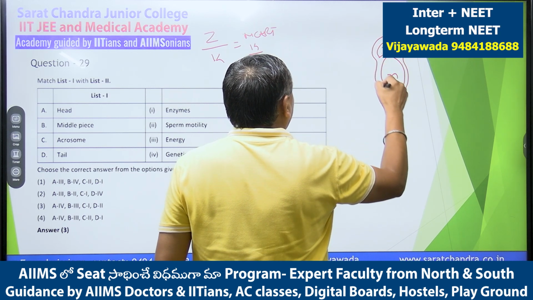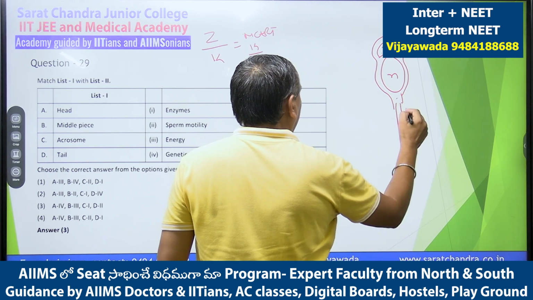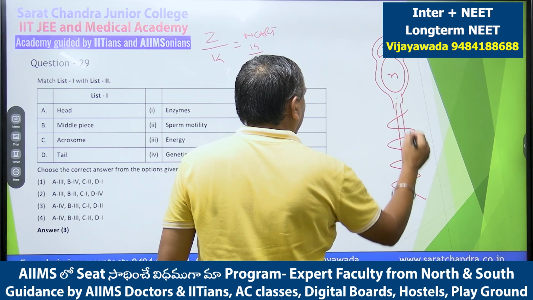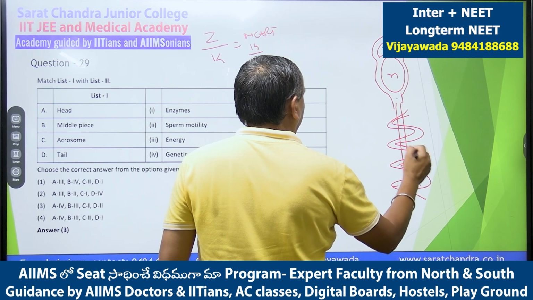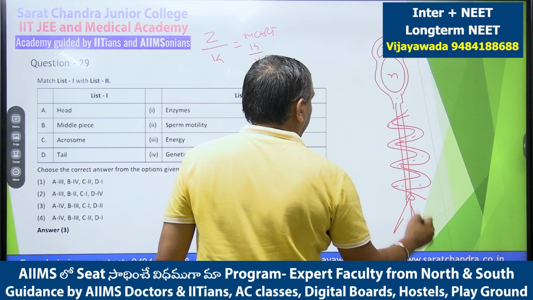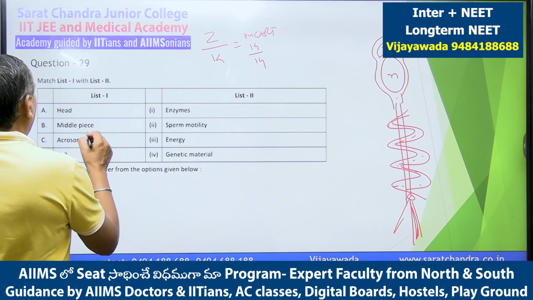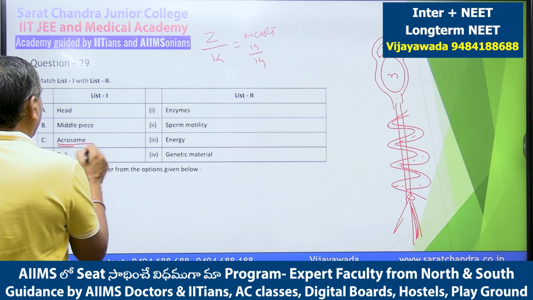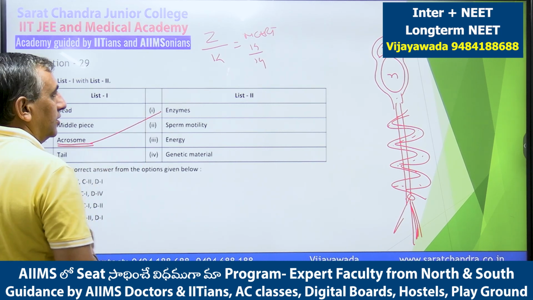It is given in the NCERT diagram. Then the neck region, axial filaments. The middle part has spirally arranged mitochondria known as the Nebenkern, the powerhouse providing energy. And then flagellum, the tail, is there for movement. So see, the acrosome has enzymes for penetration of the ovum.